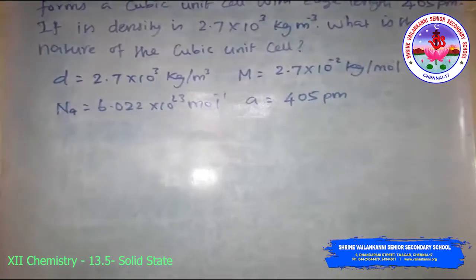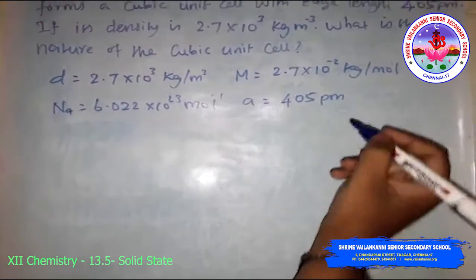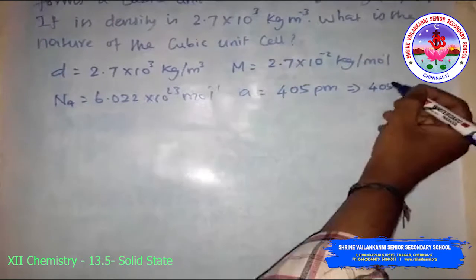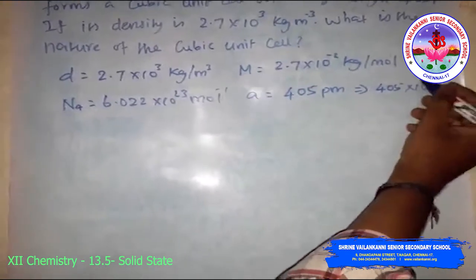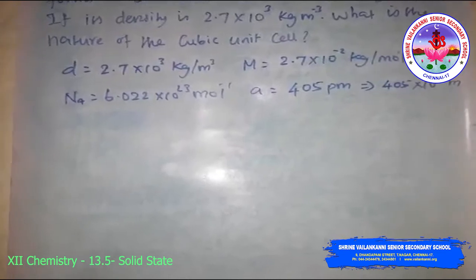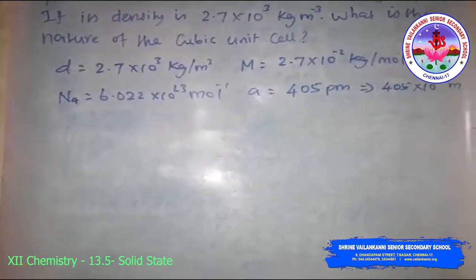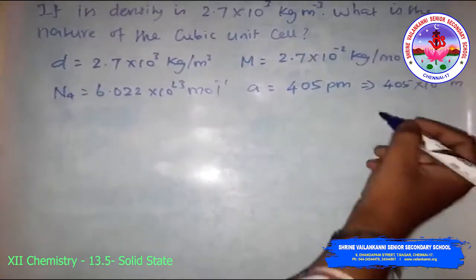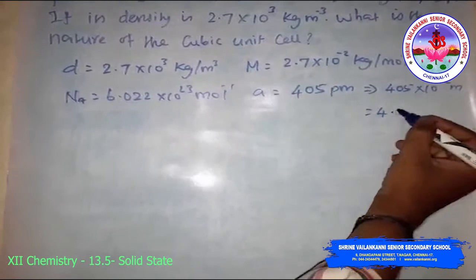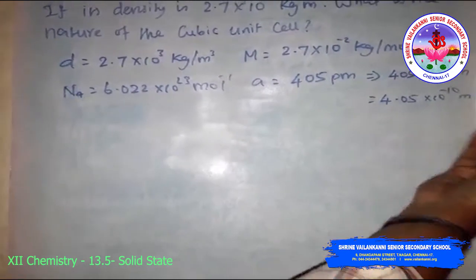Converting picometer into meter, 405 × 10^-12 meter, since 10^-12 meter is 1 picometer, you can write it as 4.05 × 10^-10 meter.